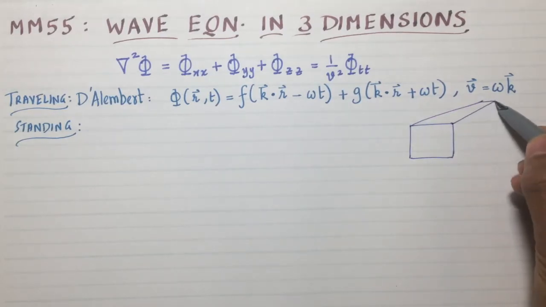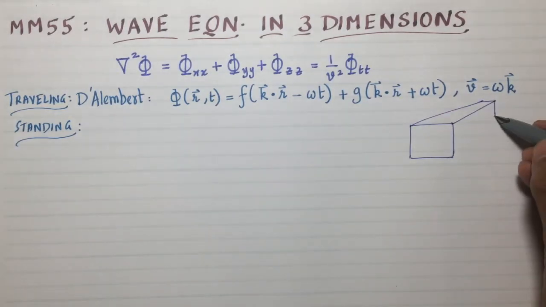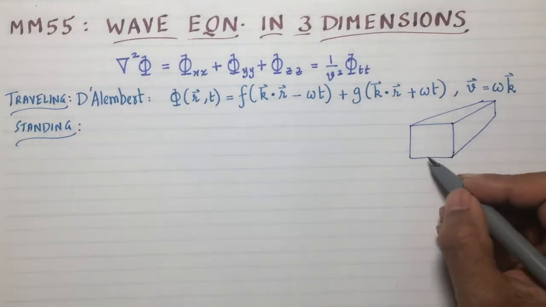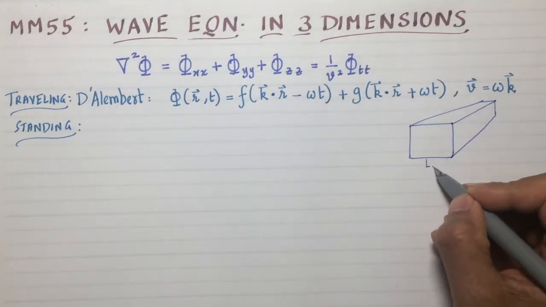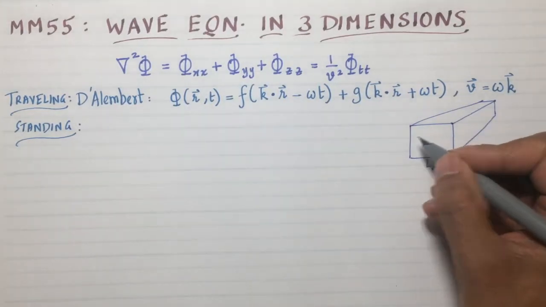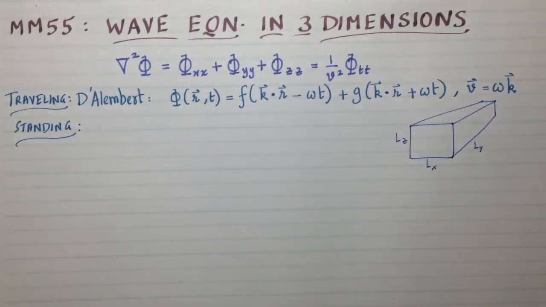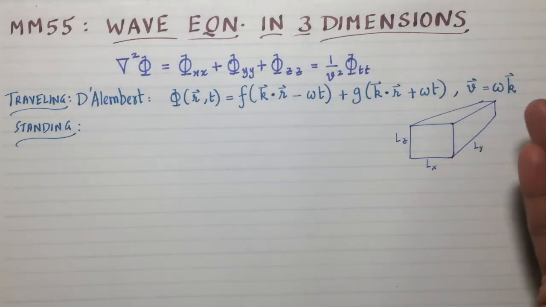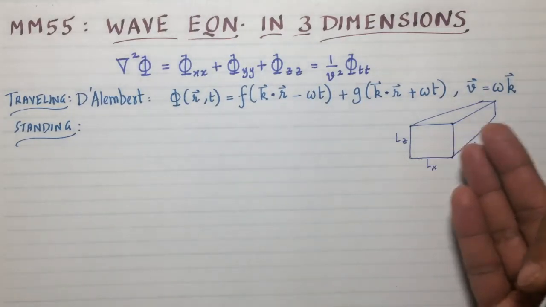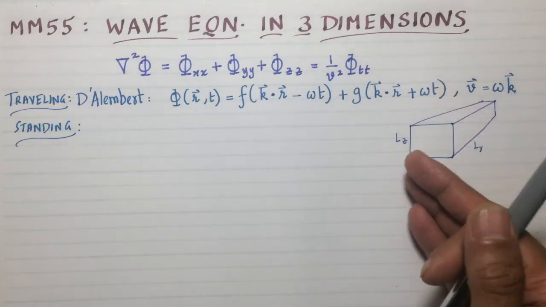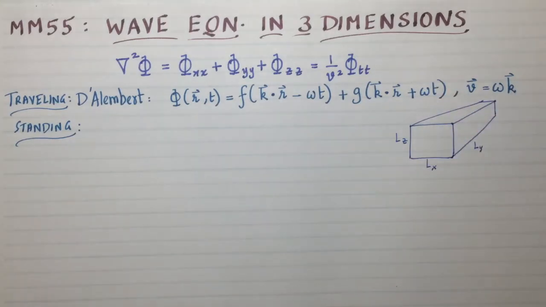This is just like a generalization of the previous problem in 1 dimension to 3 dimensions. Let's take the box to be of dimensions L sub x, L sub y, and L sub z. The obvious boundary conditions are that at each of the faces the wave is going to be standing.